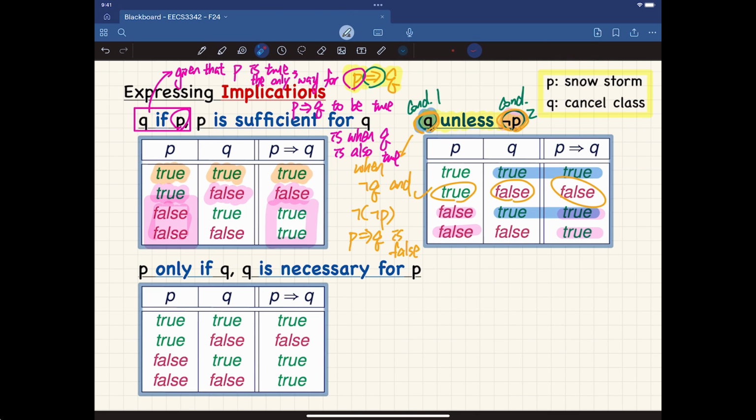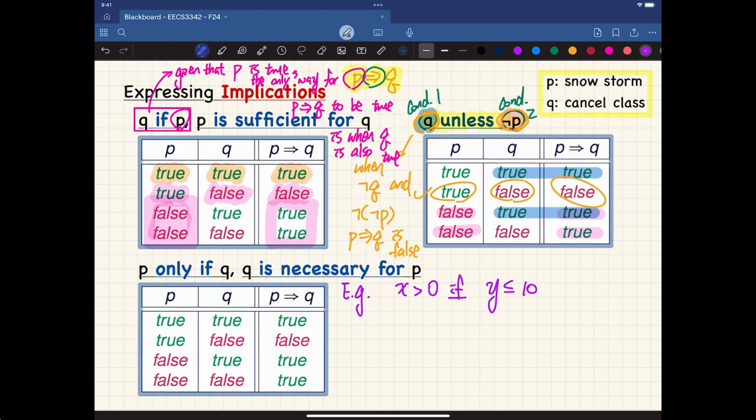So I would say, for example, I might give you, let's say, x larger than 0 if y less than or equal to 10.